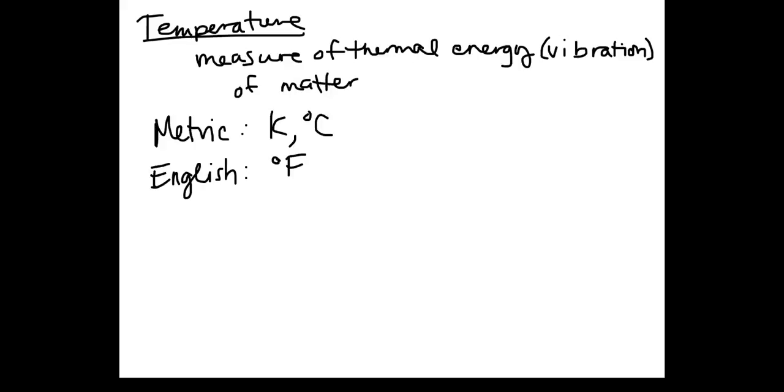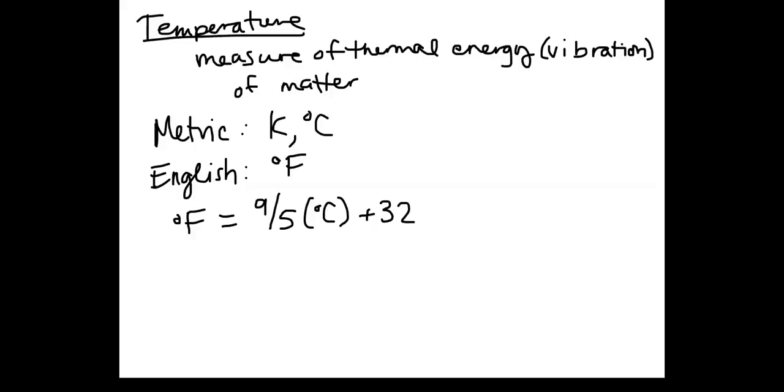There are two conversions that I will give you on the test. However, I will not give you the form that is solved for the opposite unit. And what I mean by that is I will give you the conversion solved for Fahrenheit.